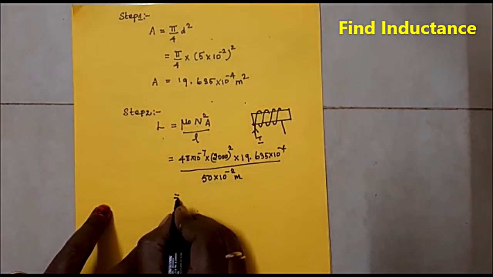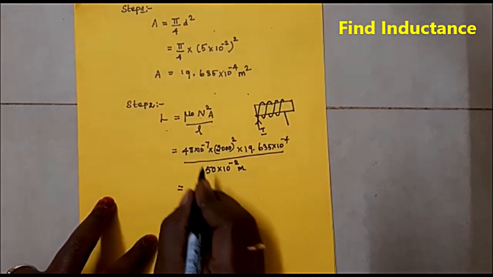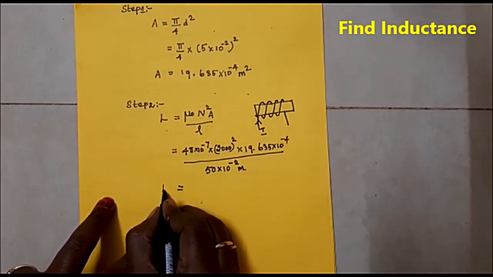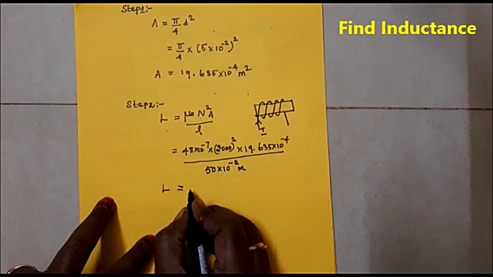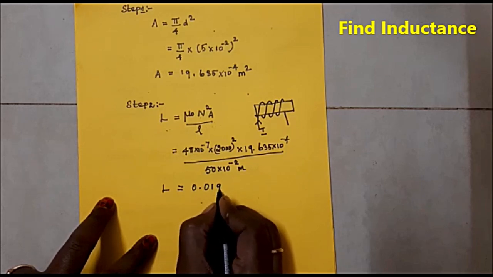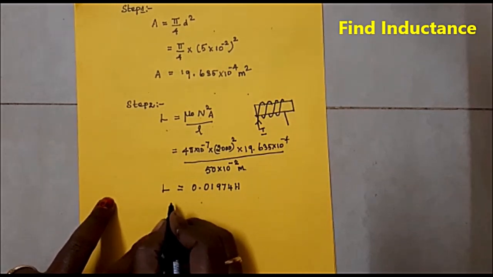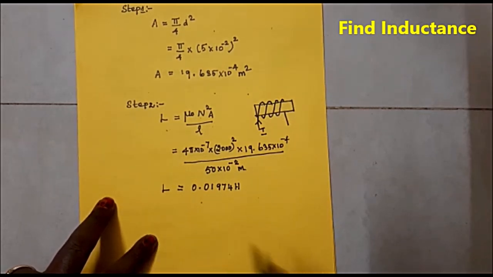After substituting all those values and using the calculator, we get the value of inductance as 0.01974 Henry, and this is the value of inductance we obtained in step 2.